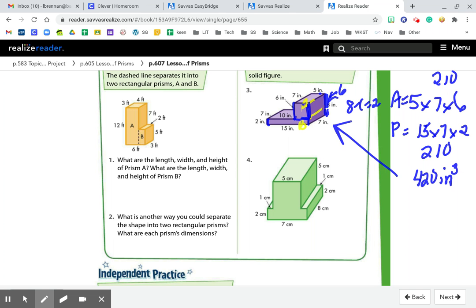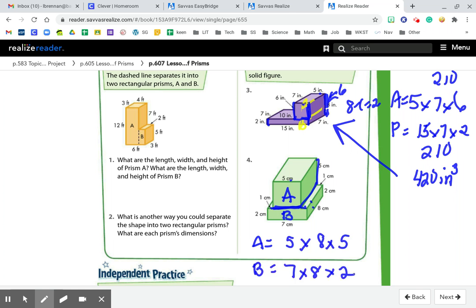So that's number 3. For number 4, again, I'm going to divide it like that, A and B. For A, I'm looking for this length here. Let's look at the opposite sides labeled. Width, not labeled, but opposite sides labeled. And the height, that's labeled. And B, length, width, height.